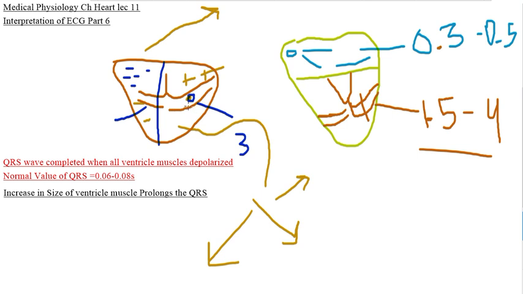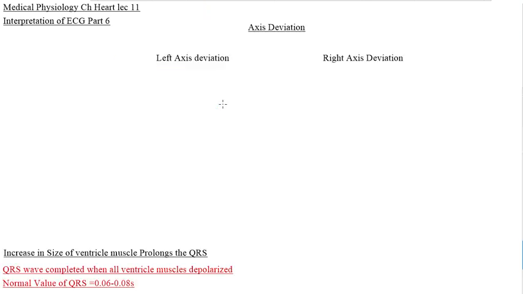So now I am going to explain the lecture on left and right axis deviation, different types of conditions, hypertrophy, and the possible causes of hypertrophy of ventricles. First, I want to inform you there are two types of axis deviation, left axis deviation and right axis deviation. As you know, the normal QRS vector is at the angle of 59 degrees from the zero axis of lead 1.